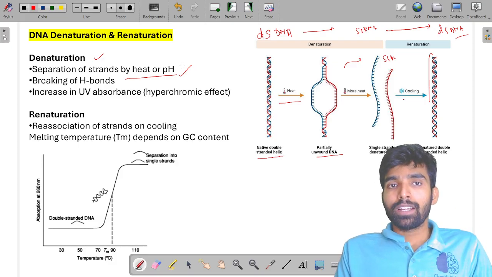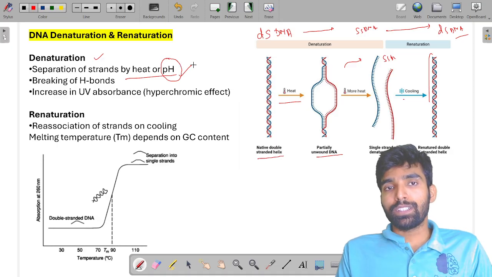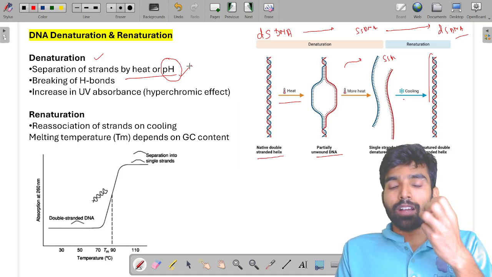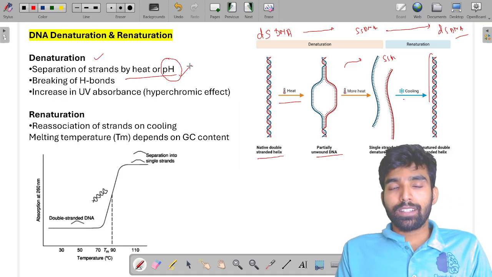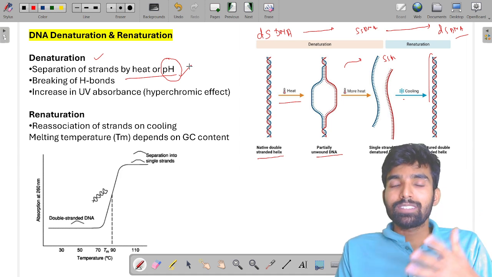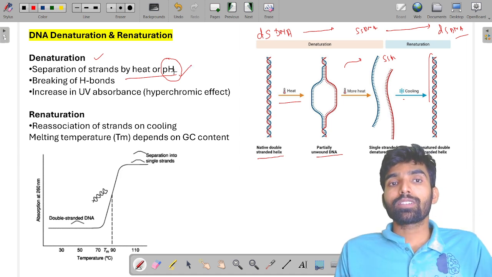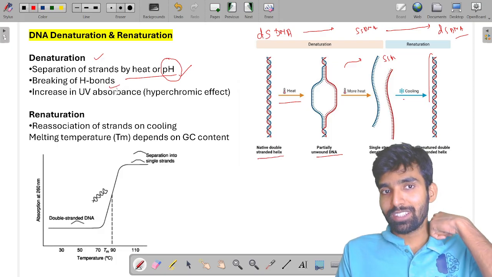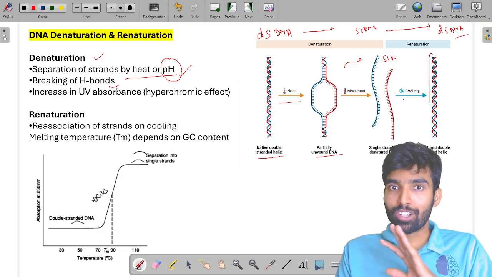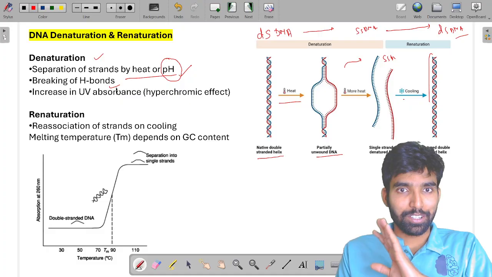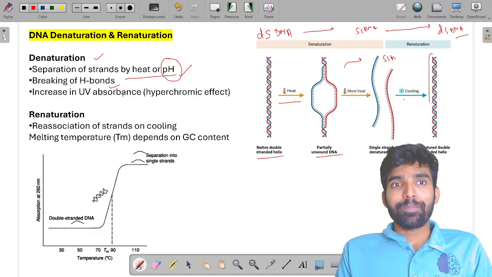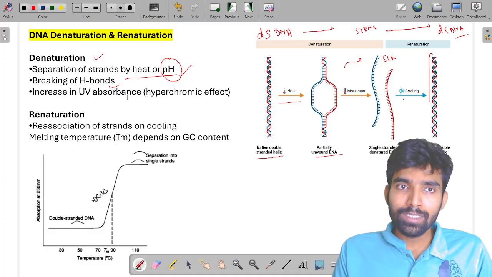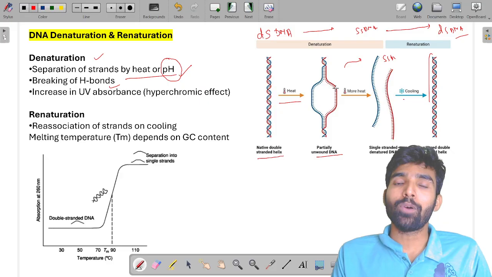Then the hydrogen bonding pattern will be different, because some NH2 will be protonated. Because of this, the strands will be separated due to lack of hydrogen bonding. Denaturation is hydrogen bond breaking. It's not sugar phosphate bond breaking. Don't consider it like that.